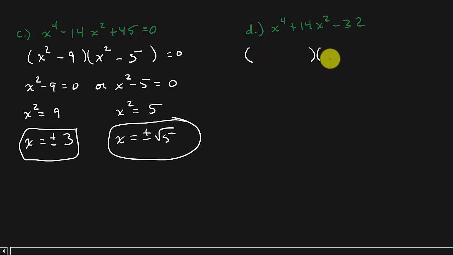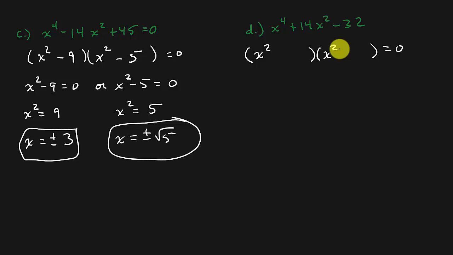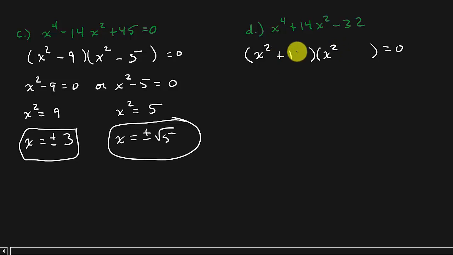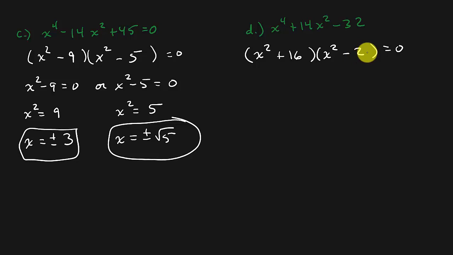All right, so same thing here. So I've got x squared, and let's see, what is that going to be? 32, that's going to be what? Plus 16 and minus 2. Okay. That one? Yeah, plus 16 and minus 2, that works.